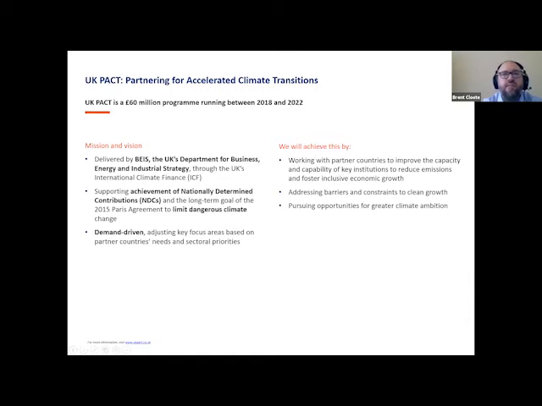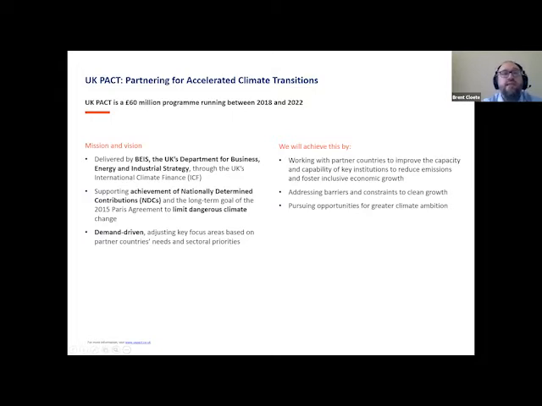I'm from DNA Economics, and we are the project lead on this UK PACT funded project. UK PACT is the Partnership for Accelerated Climate Transitions. It's a UK government fund. It's aimed at supporting emerging nations in transitioning to low carbon economies. And particularly in order for them to achieve their nationally determined contributions and to meet the Paris Agreement goals.